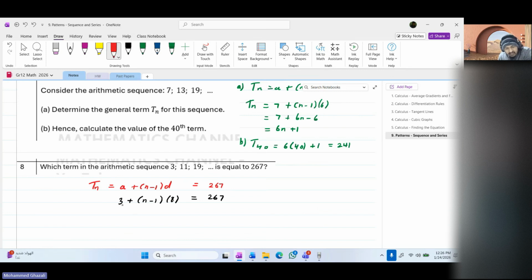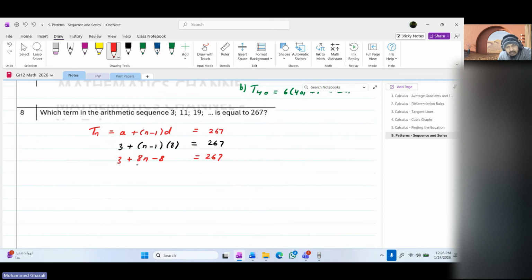Now, you can minus the 3 and divide it by 8. That's fine. Or you can just open up everything here, which is 3 plus 8n minus 8 is equal to 267. Continue here. 8n minus 5 is equal to 267.